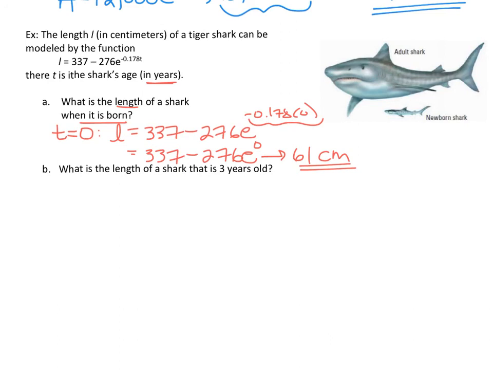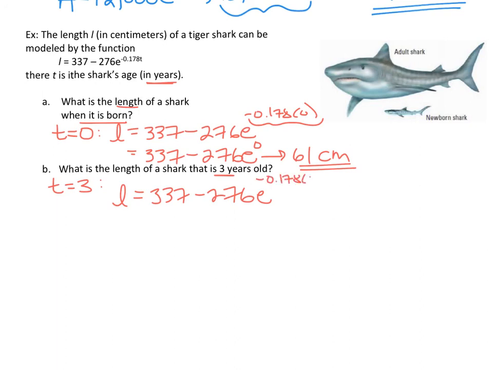Then it says, what is the length of a shark that's 3 years old? Well, now we know time would equal 3. If we substitute that into our equation, we get L equals 337 minus 276e to the negative 0.178 times 3. And again, watch your exponent here.